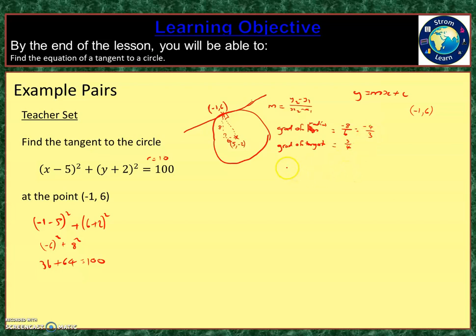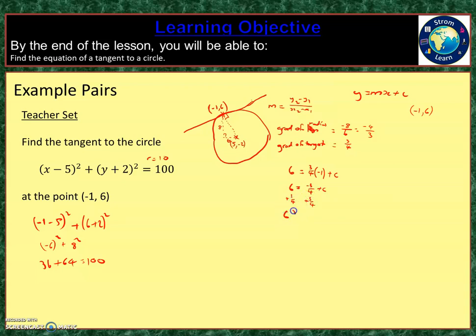And now I've got the information I need to substitute into y equals mx plus c. So the value of y is 6, value of m is 3/4, and the value of x is -1, and then plus c. So 6 equals -3/4 plus c. Add 3/4 to both sides.